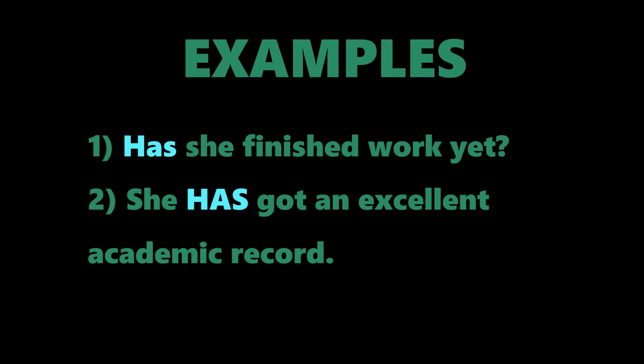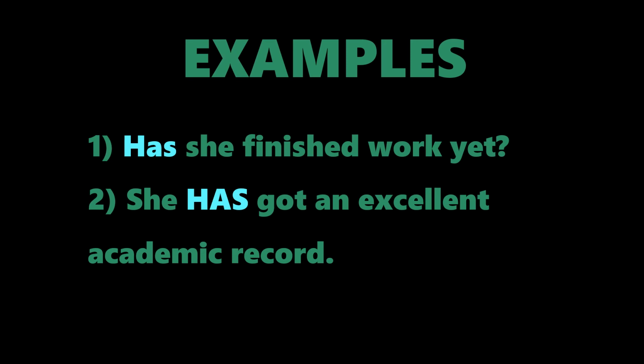However, with sentence number 2, you can see I've written it in uppercase there, because here maybe the context is we are thinking about hiring an employee, and maybe we're undecided, is she suitable for the company? And I might say, she HAS got an excellent academic record.